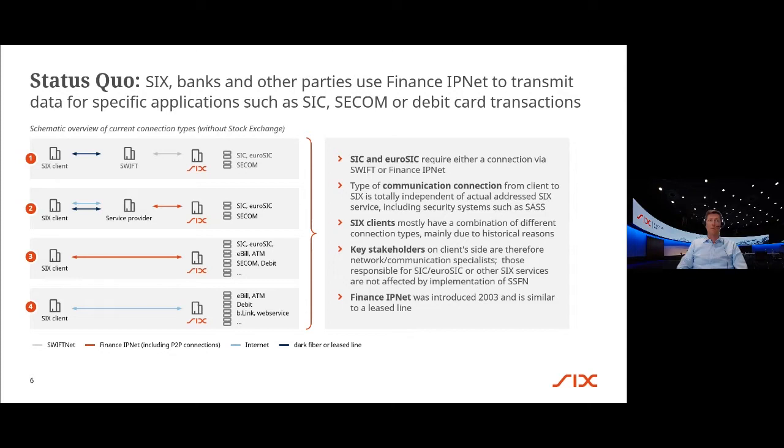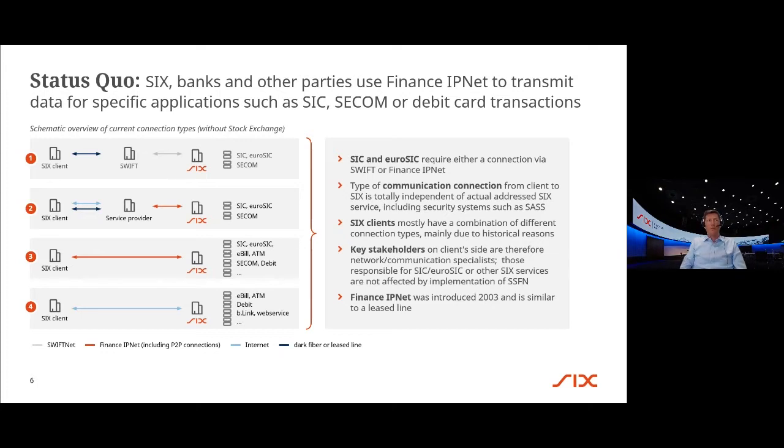And something that we've also seen is that mostly SIG participants, and also other SIGs clients, will have a combination of external networks that they use. So they might have a number of Finance IPnet connections, one for SIG, one for other services, and the third service they take from SIGs might actually also come via the internet. So we have seen that there are quite some historical reasons for that.